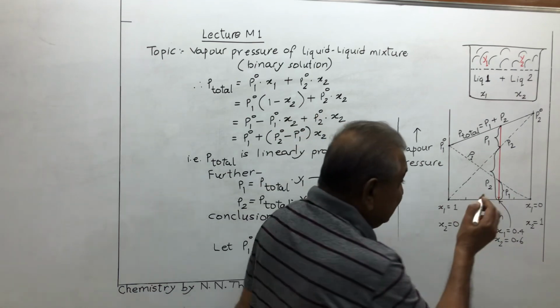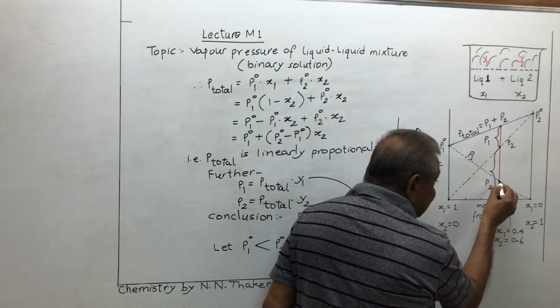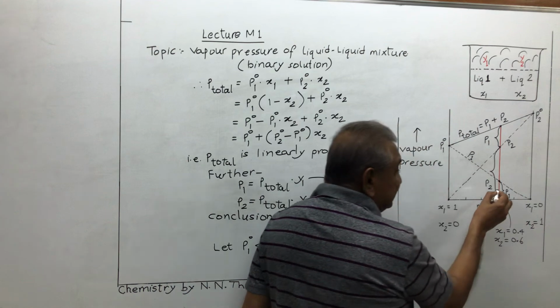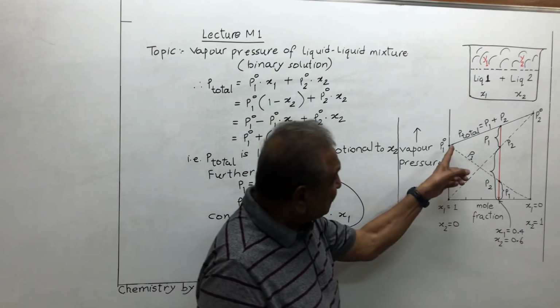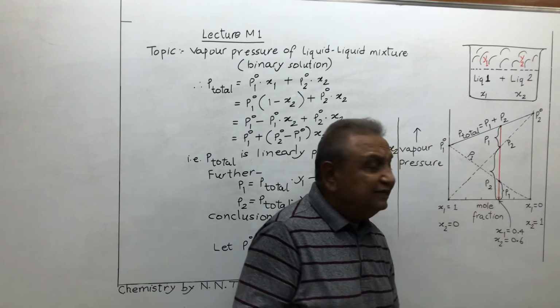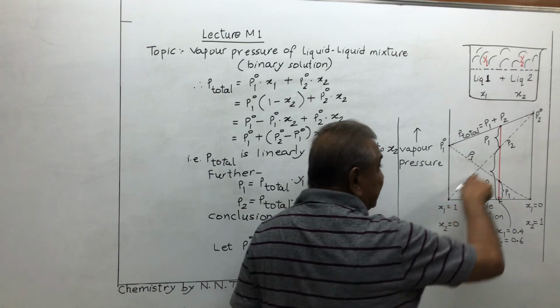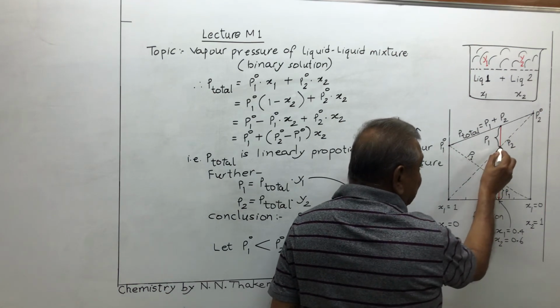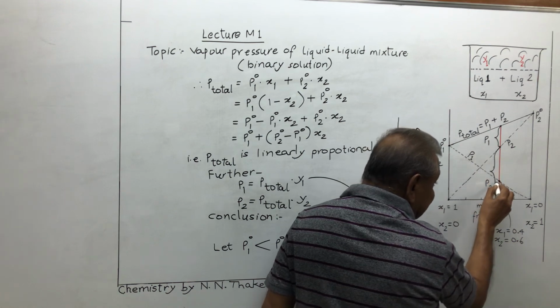Now, this value, here to here, indicates P1, because all the points on this line indicate value P1. Now, on this graph, the corresponding point here, this value indicates P2.